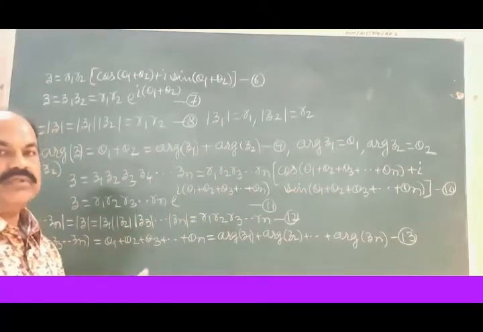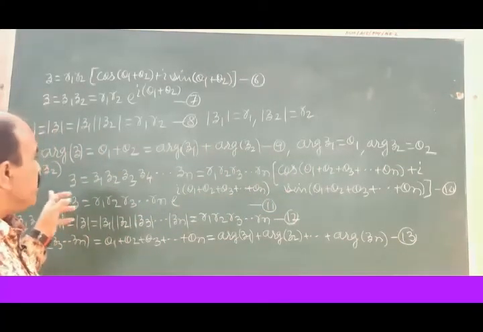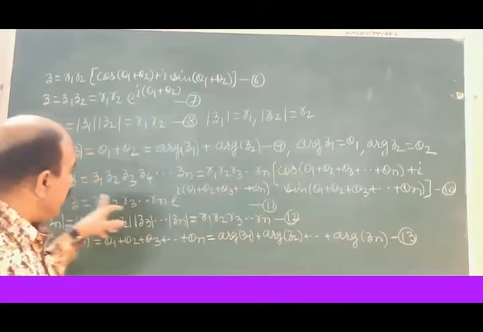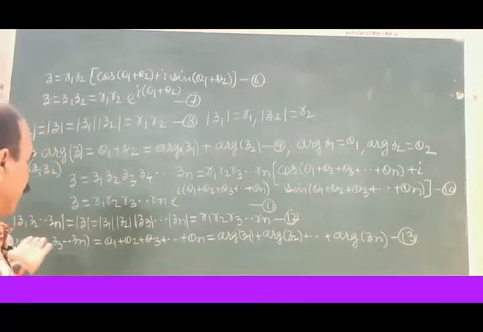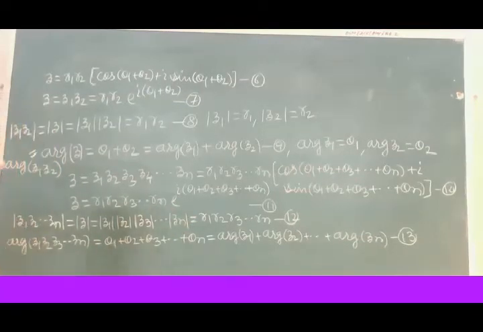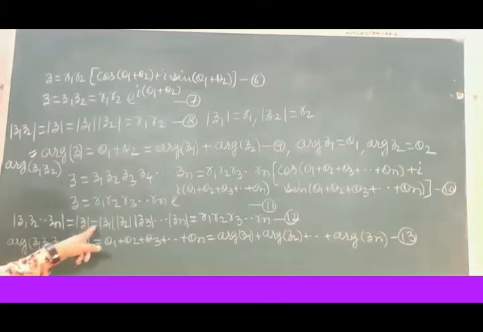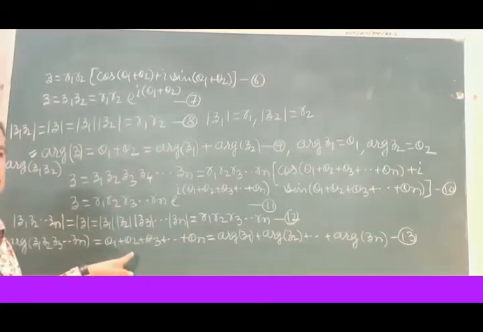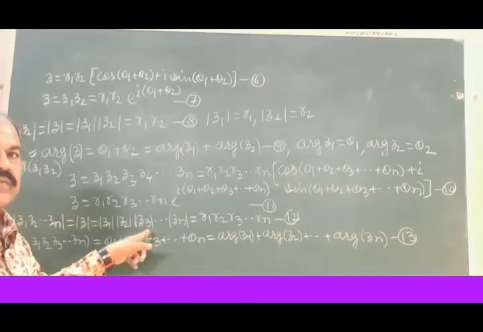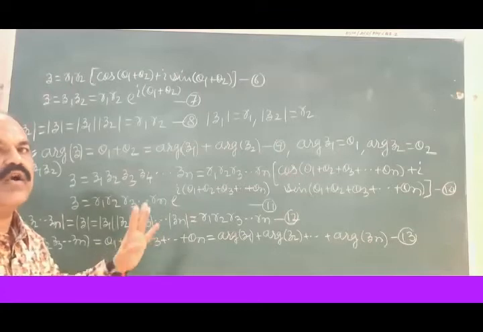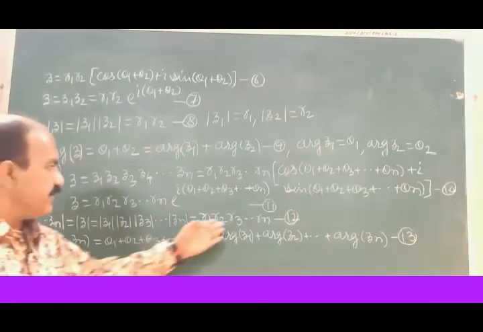Equation 12 and 13 is written for equation 10 as well as for equation 11. What is meaning of equation 12? Modulus of product of n complex numbers is equal to product of moduli of n complex numbers.